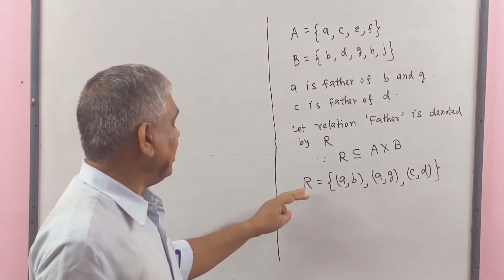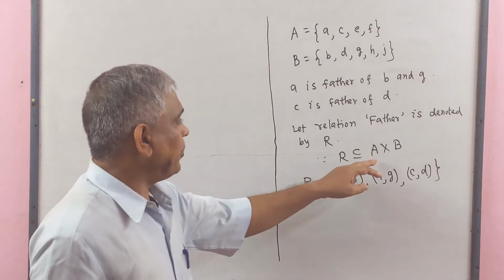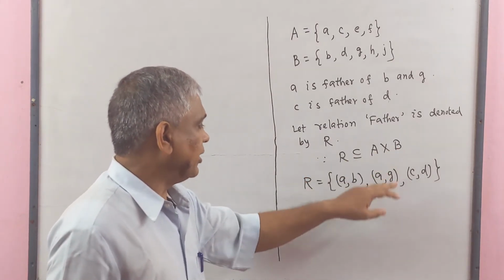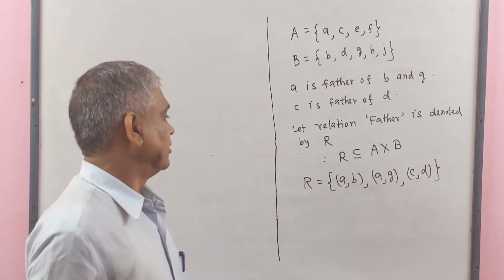So the father relation R is a subset of Cartesian product A and B. And this is our relation R.